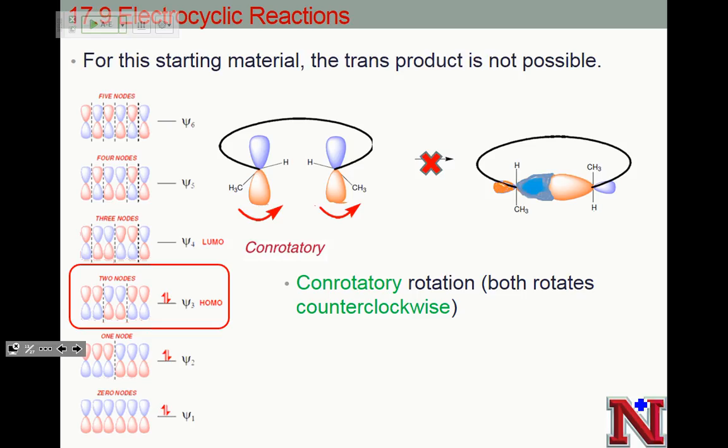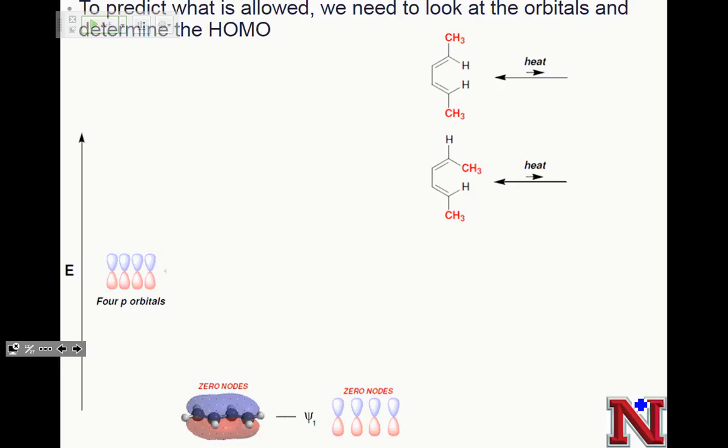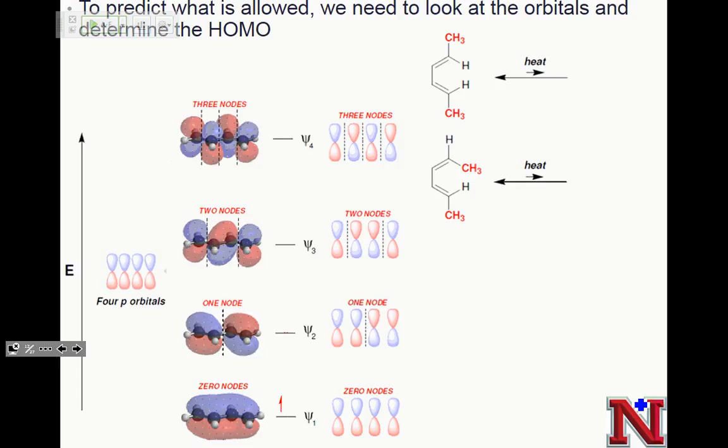Conrotatory, where they both rotate the same way, will give us symmetry disallowed. So either both rotating clockwise, or both rotating counterclockwise. So for this example, we'll never get trans because this is not allowed based on symmetry. We have to have like overlap. So depending on what we start with, that's going to give us a different product.